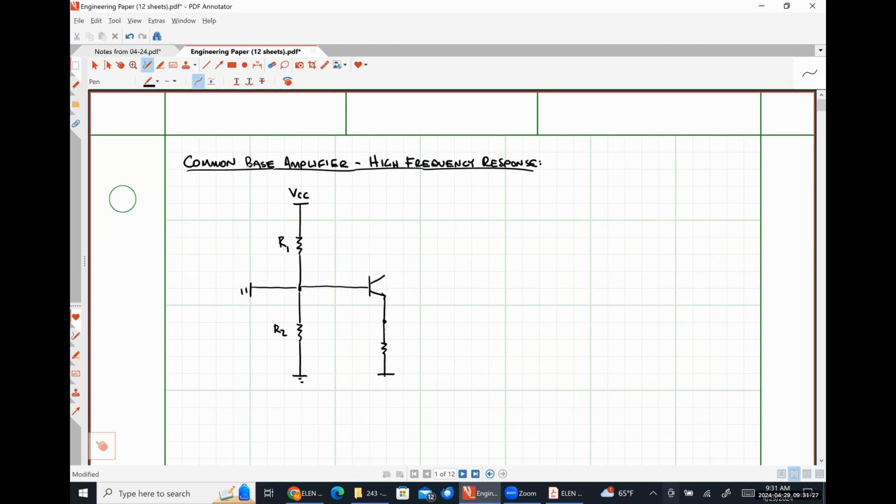Here is my resistance RE. My resistance R sig. And then here's where I'm applying my input voltage. Here's my resistance RC.